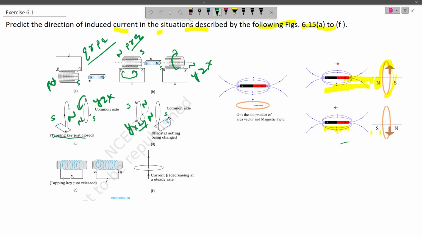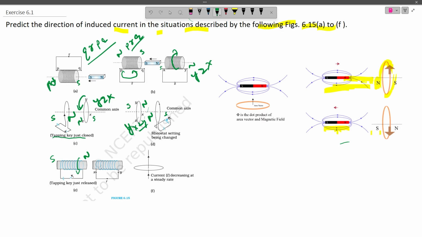Now in this diagram we see that the tapping key was just released, or we can say that the current has just stopped. Earlier, when the current was flowing, this wire is hidden from the solenoid, which means the circular turn is like this. Earlier, when the current was flowing, by the right hand thumb rule the north pole would be here and the south pole would be here.